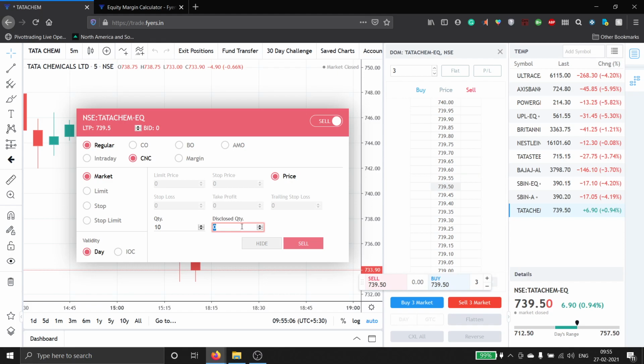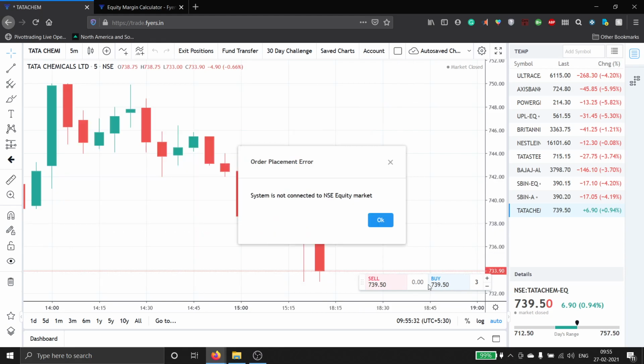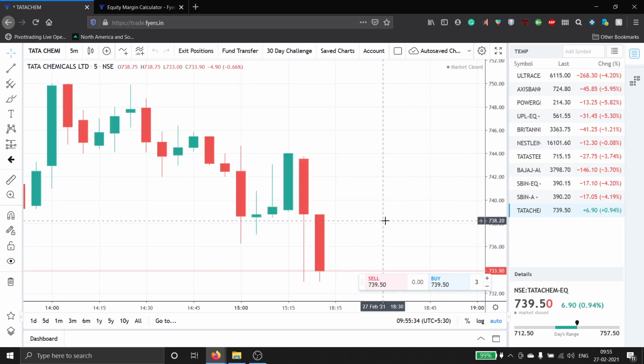Unless you want to disclose, your quantity will not be disclosed to the market. So the disclosed quantity will be 10% of the quantity, that is 1. So you have to select 10%, that is 1. Now if you want to disclose the entire quantity, you can disclose it. And then you can sell it. Right now market is closed, so it will be rejected.